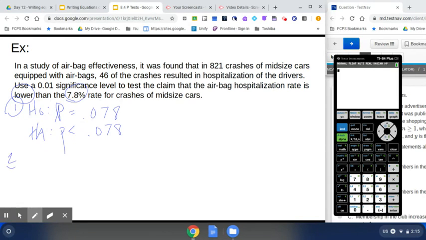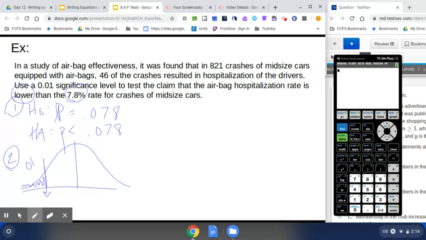Step number 2, we're still going to draw out that distribution. Since we're testing a less than alternative hypothesis, I'm going to shade the left tail. The alpha level given in the prompt was 0.01. To find that critical value, we're looking back on the Z chart for proportions, always the Z chart for proportions.